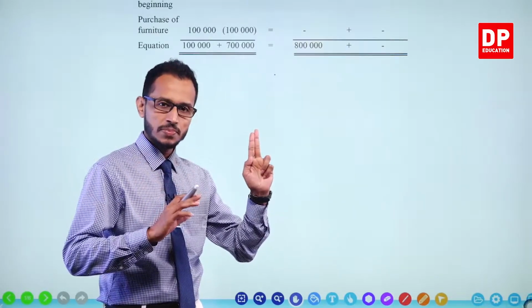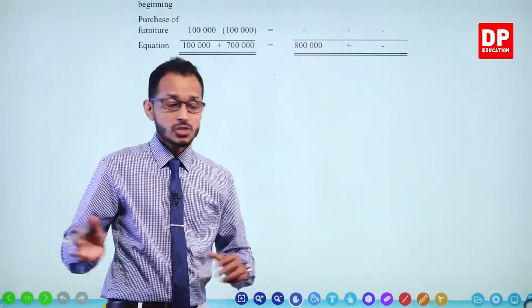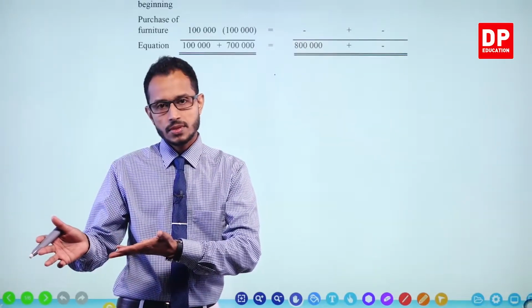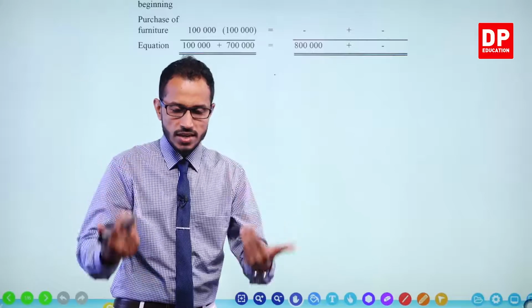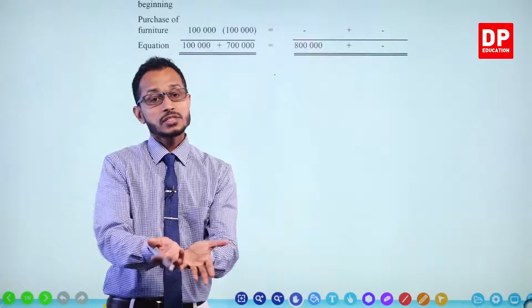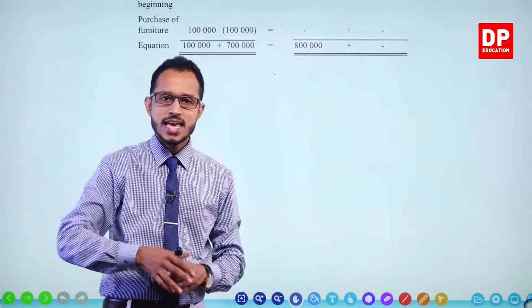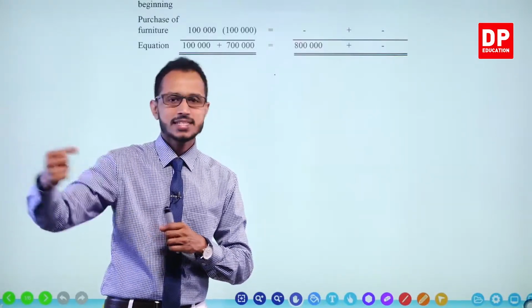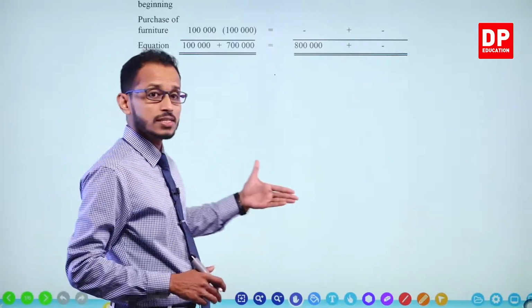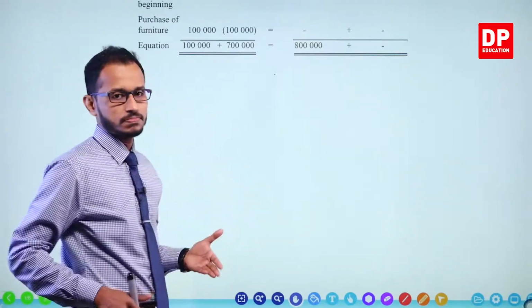That is what I'm asking now, where the owner has invested only his own resources and started the business without the support of any external liabilities. In that case, which accounting equation applies?